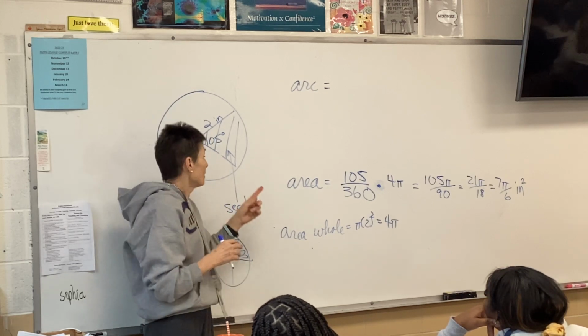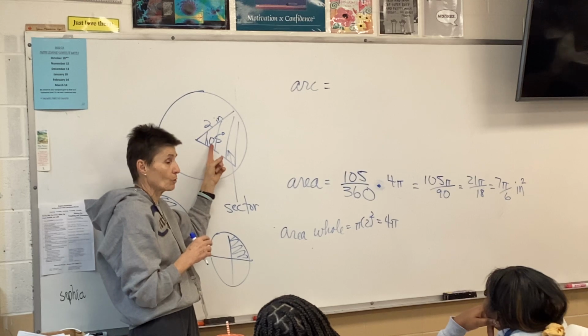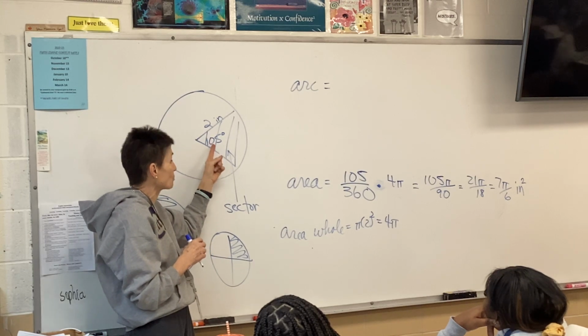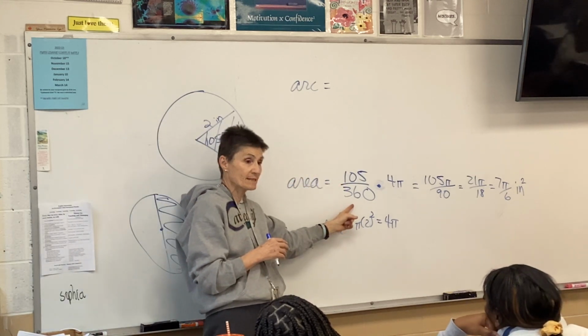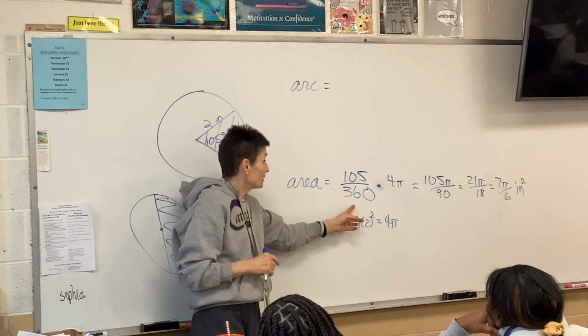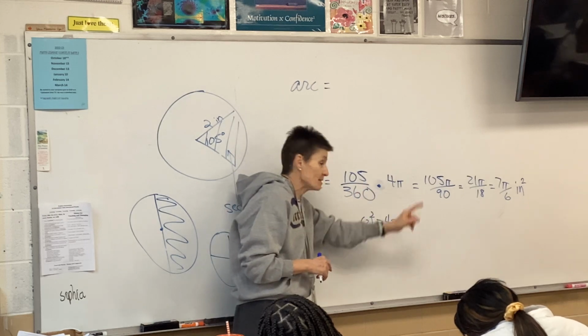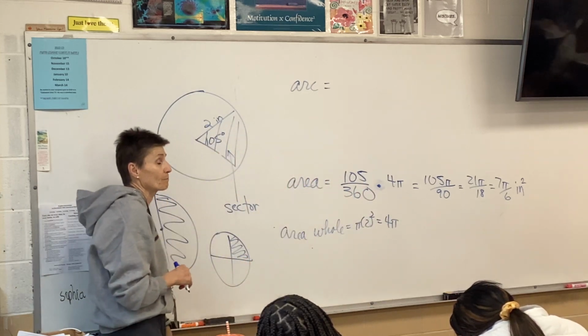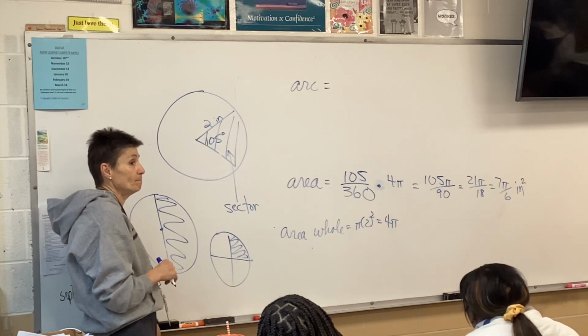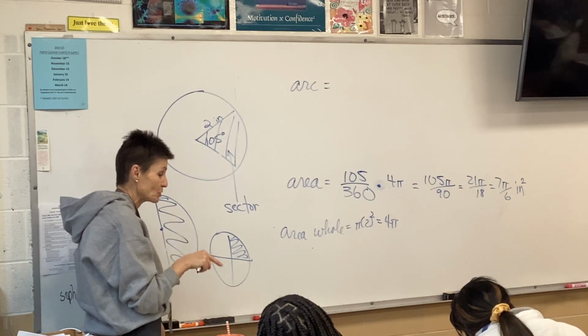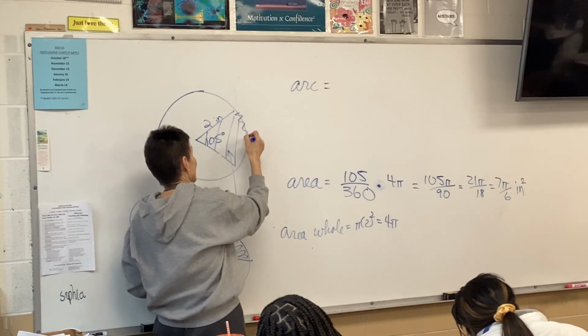You take the fraction of the circle that you care about. In this case, it's 105/360. You multiply it by the whole area, and that is going to be the answer to the question.